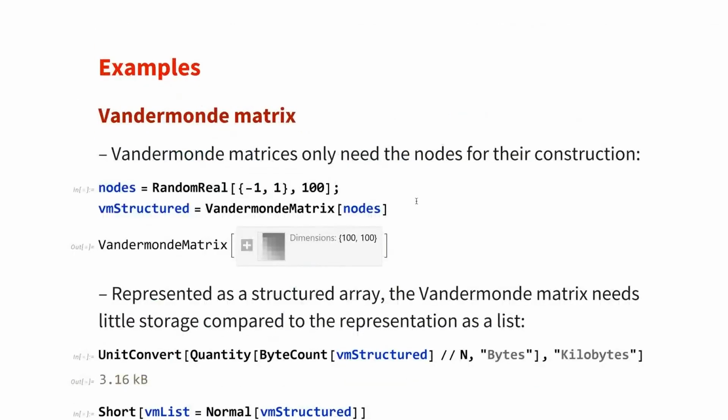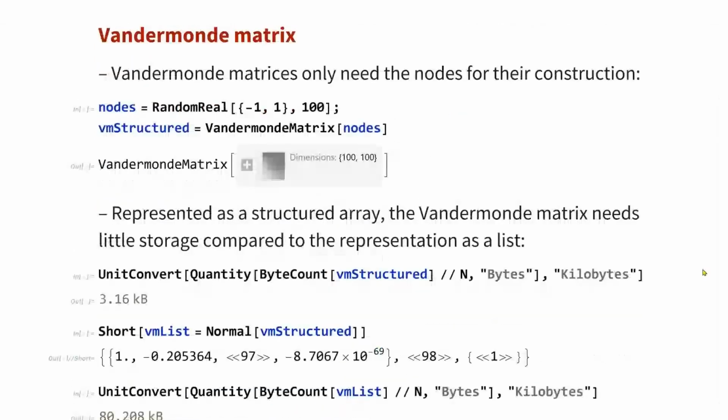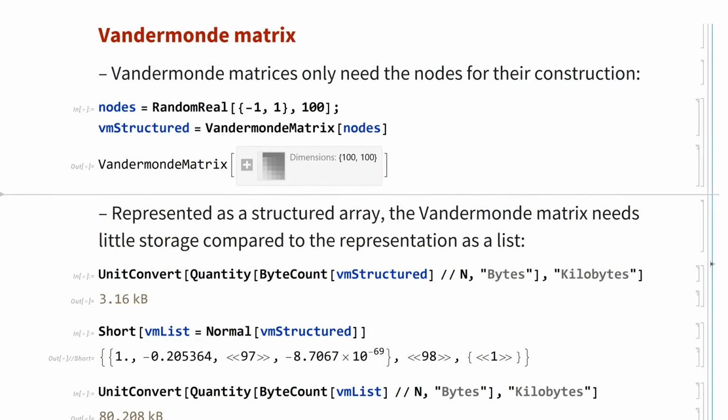The point here is that for van der Waals matrices, if you have, let's say, a vector of length 100, then storing this would be very easy compared to storing the full matrix of order 100 by 100. If you look at the quantities of memory used, it's 3.16 versus 80. So clearly you have a huge saving when you work in the structured world.